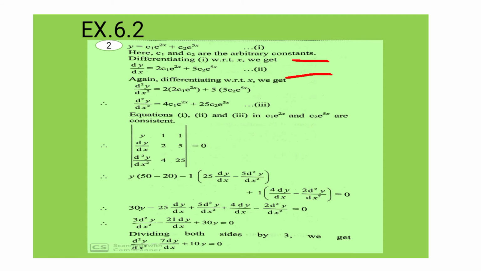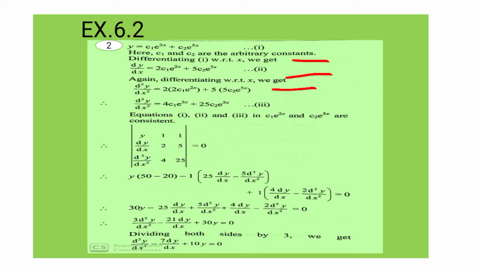Again differentiate with respect to x, we get d2y/dx square is equal to 2 into 2 c1 e raised to 2x plus 5 into 5 c2 e raised to 5x. Therefore, d2y/dx square is equal to 4 c1 e raised to 2x plus 25 c2 e raised to 5x.